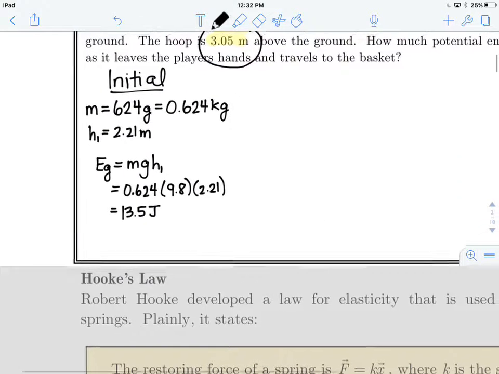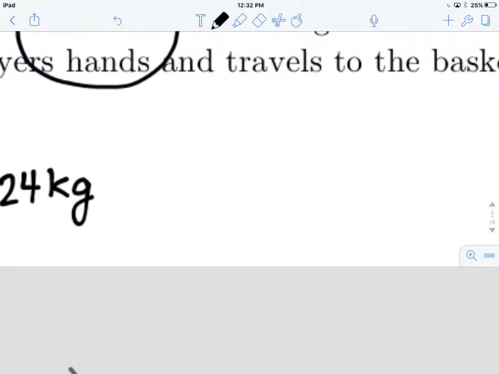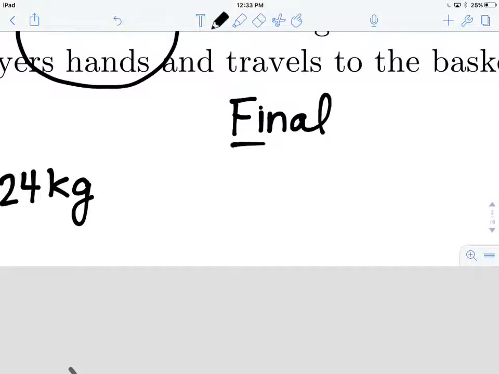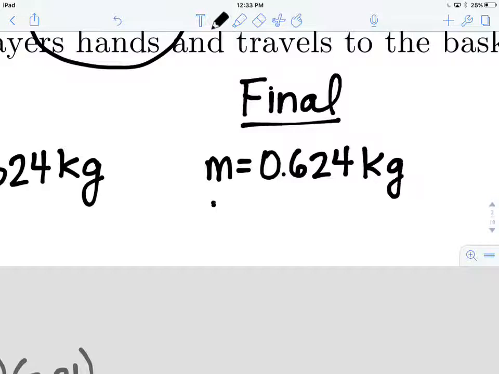Okay, so that's the initial state. And because we want to know how much potential energy the ball gains, we should also look at the final state of the ball. The mass, of course, hasn't changed. It's still 0.624 kilograms, but we have a new height. We're now at 3.05 meters above the ground.